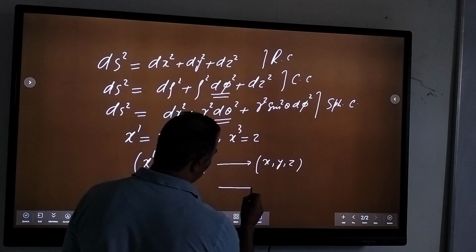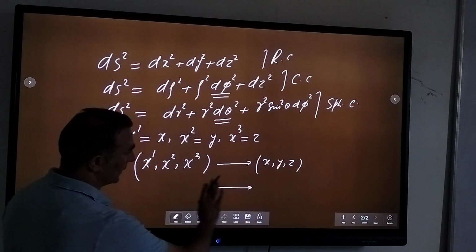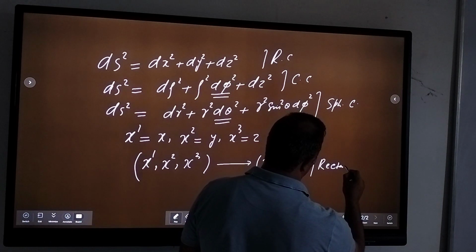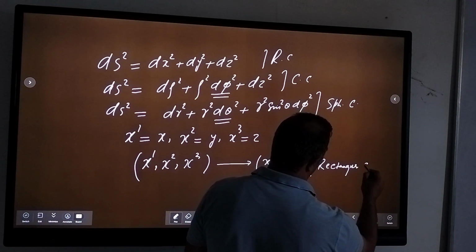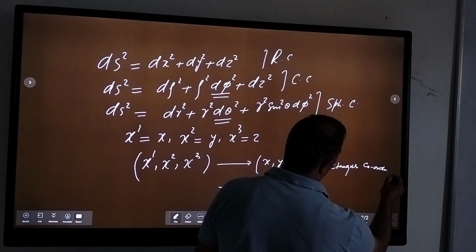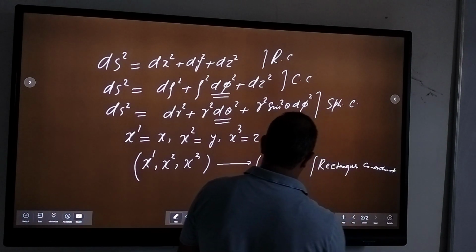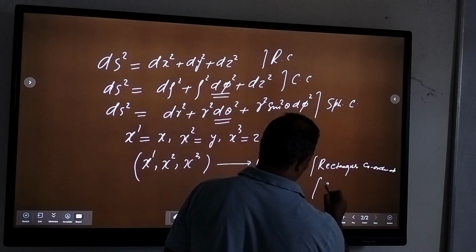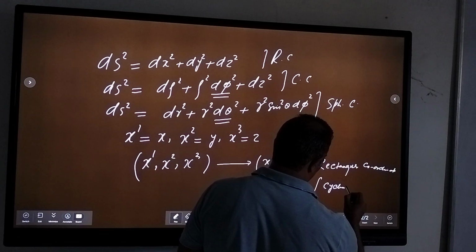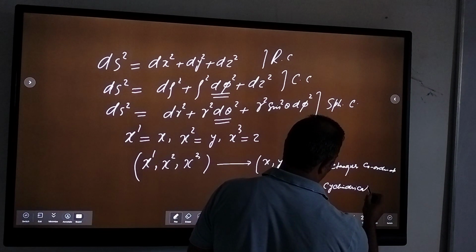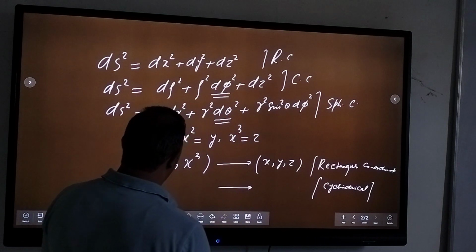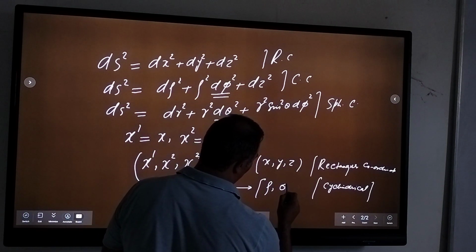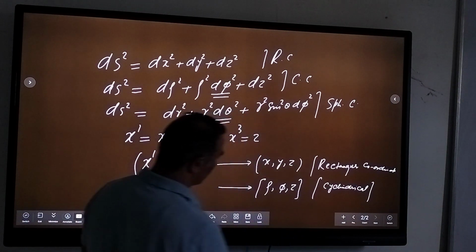And similarly, if you write this in cylindrical coordinates, x1, x2, x3 will be rho, phi, and z, right?